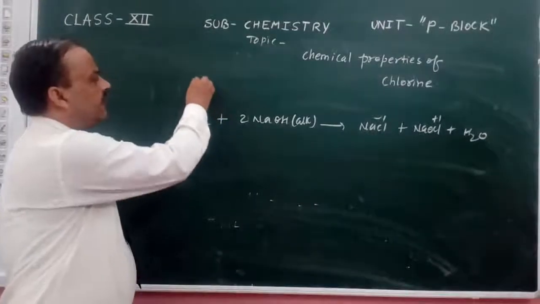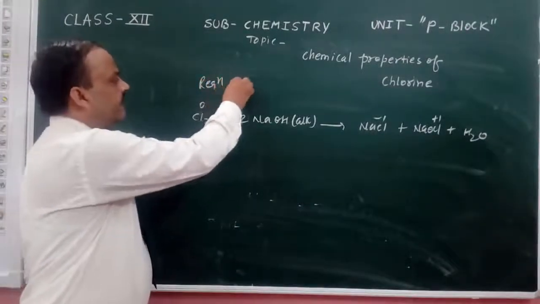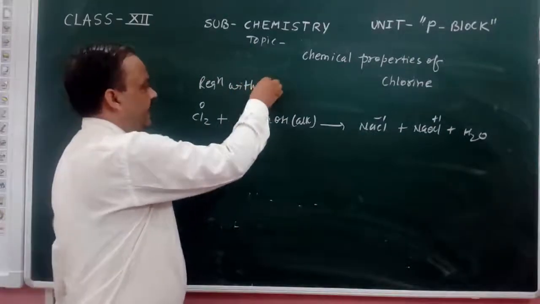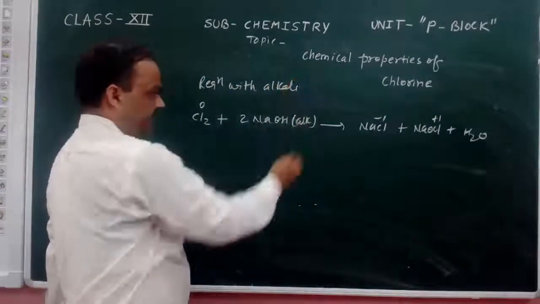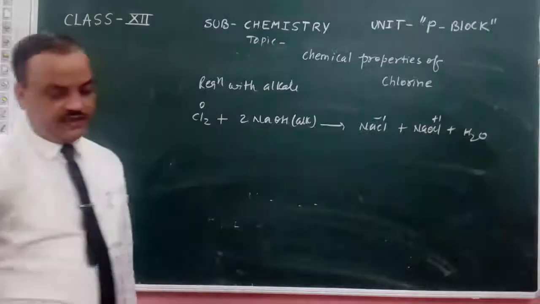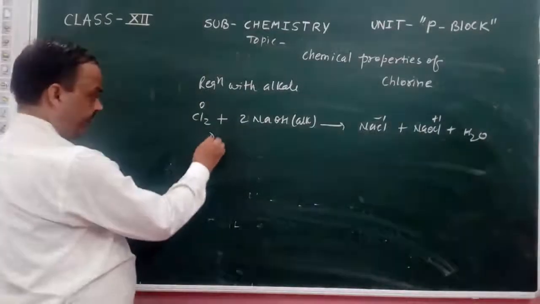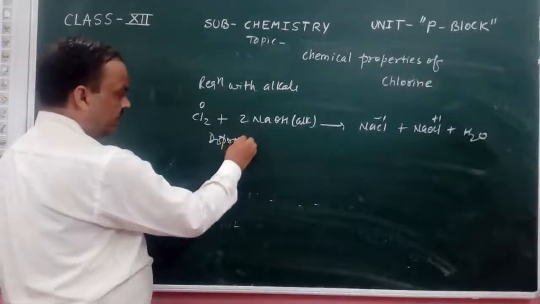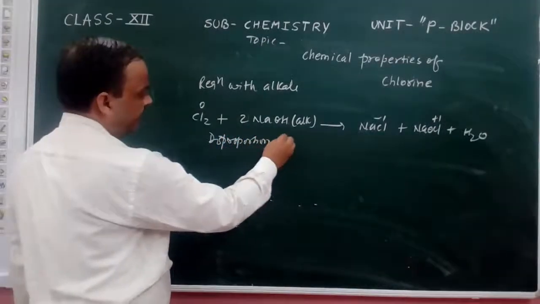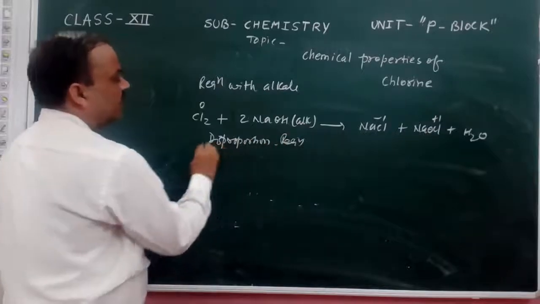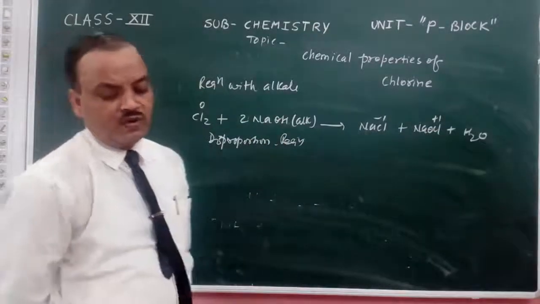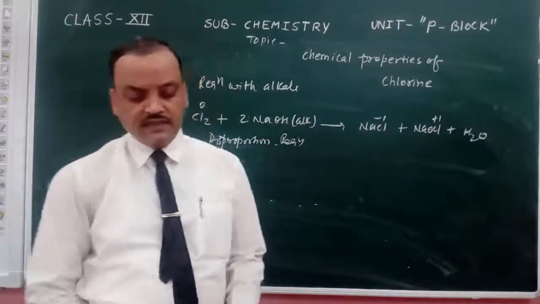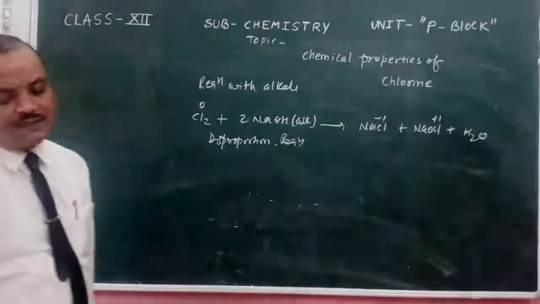When we react with alkali, this reaction is an example of a disproportionation reaction, because chlorine is present in more than one oxidation state in this particular example.